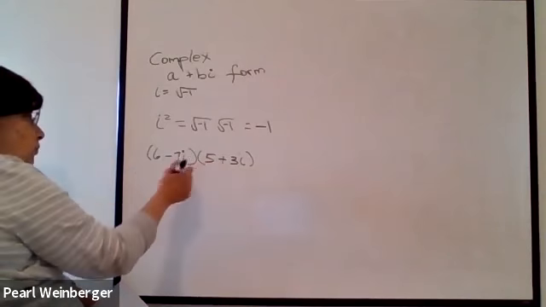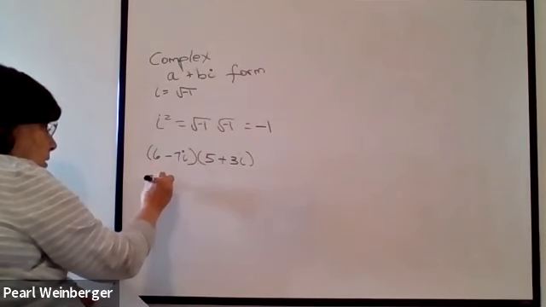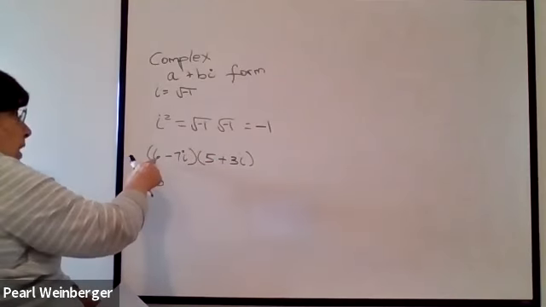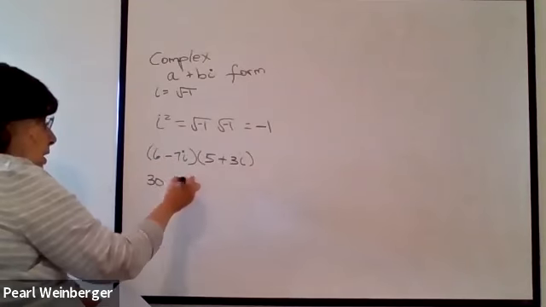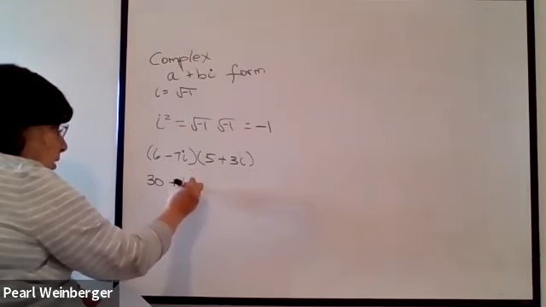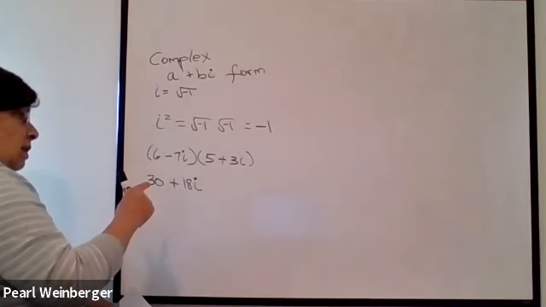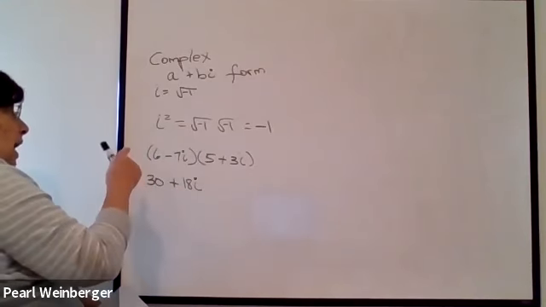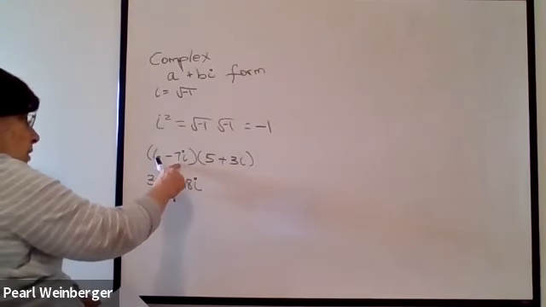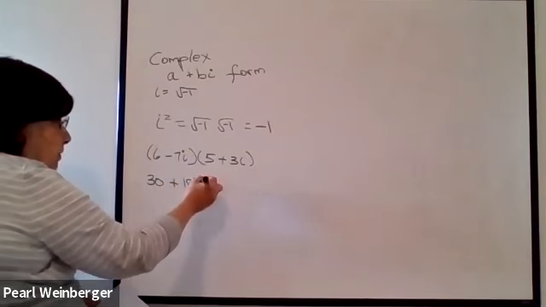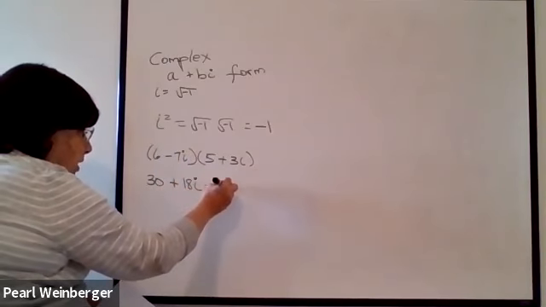First, 6 times 5 will be 30. Outer, 6 times 3i is 18i. Inner, negative 7i times 5 is negative 35i.